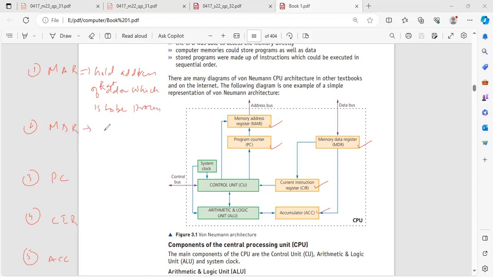MDR. Now remember, registers are small memory units which exist in the CPU. MDR holds the current data to be processed.